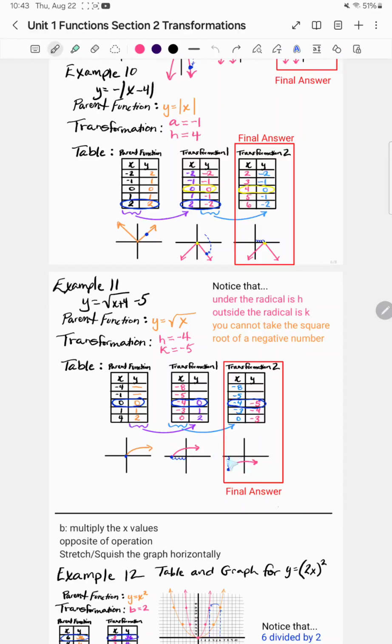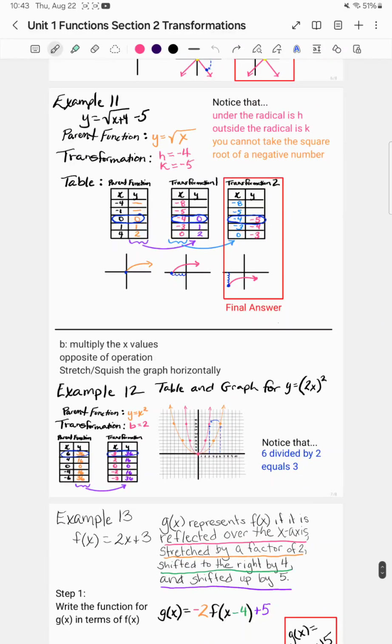So each point gets moved down 5 spaces. So this coordinate somewhere up here is now moved down to there. And you can see the vertex, it went from -4, 0 right here, and went down 5 spaces to now be there. So then you've got your final answer because we've done both of those transformations.